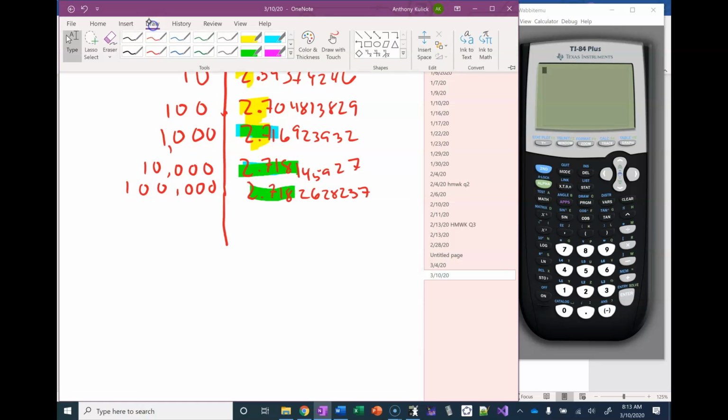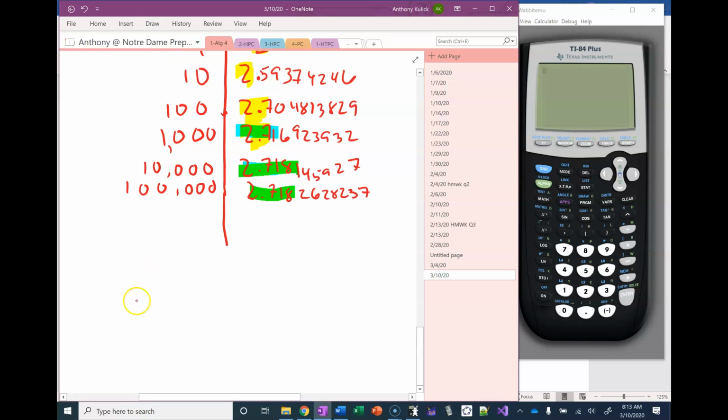So we're gonna say that this value is equal to this number e as n goes to infinity.